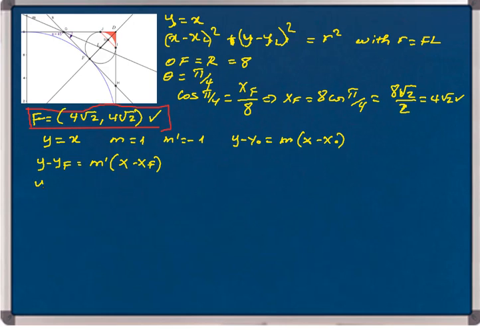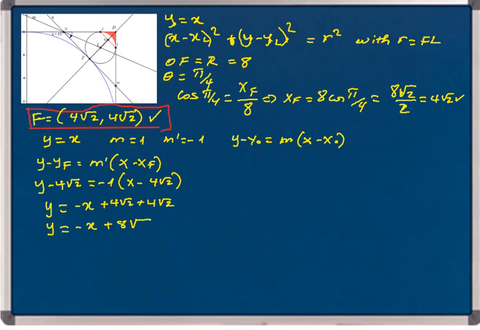We know that 1 minus 4 square root of 2 equals negative 1 times x minus 4 square root of 2. All right, and we can have that y is equal to minus x plus 4 square root of 2 plus 4 square root of 2, and finally y equals minus x plus 8 square root of 2.